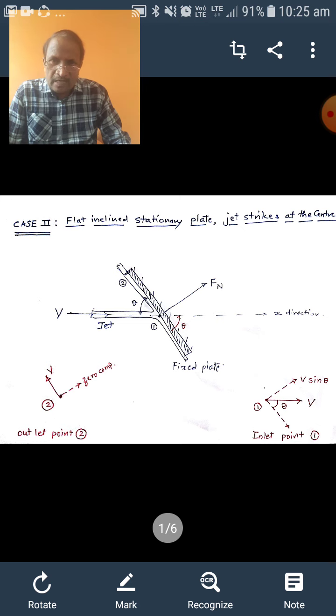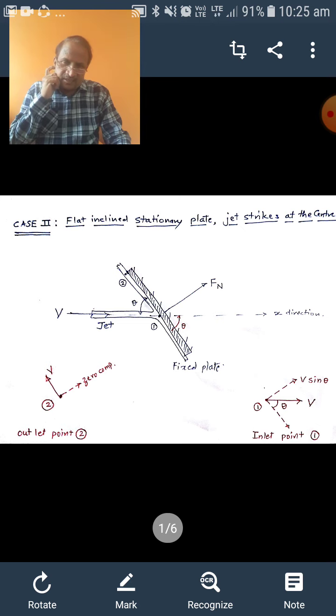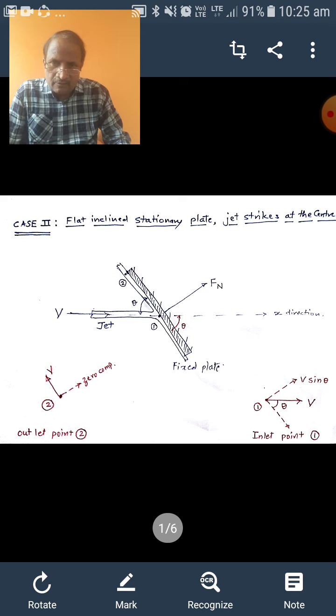If I want the force in the direction normal to the plate, then we have to consider the velocities at inlet, that is at point number 1, and outlet, that is at point number 2, in which direction? Obviously the direction of Fn.